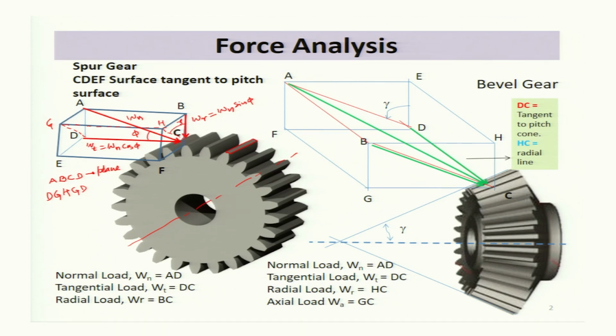So now we are taking a plane DGHCD which is making angle gamma with the plane ABCD, the plane on which the normal load for the case of spur gear was acting. So this plane will now be the plane where the normal load Wn will act for the case of bevel gear.